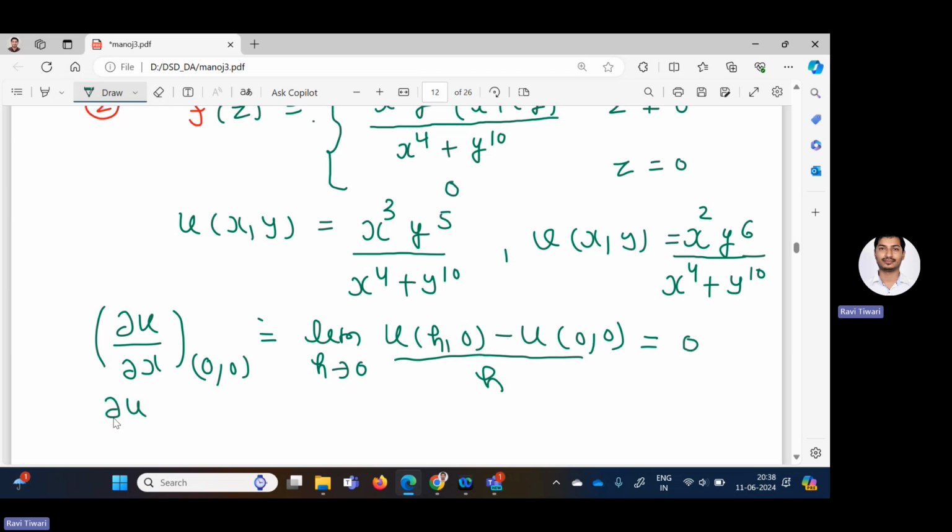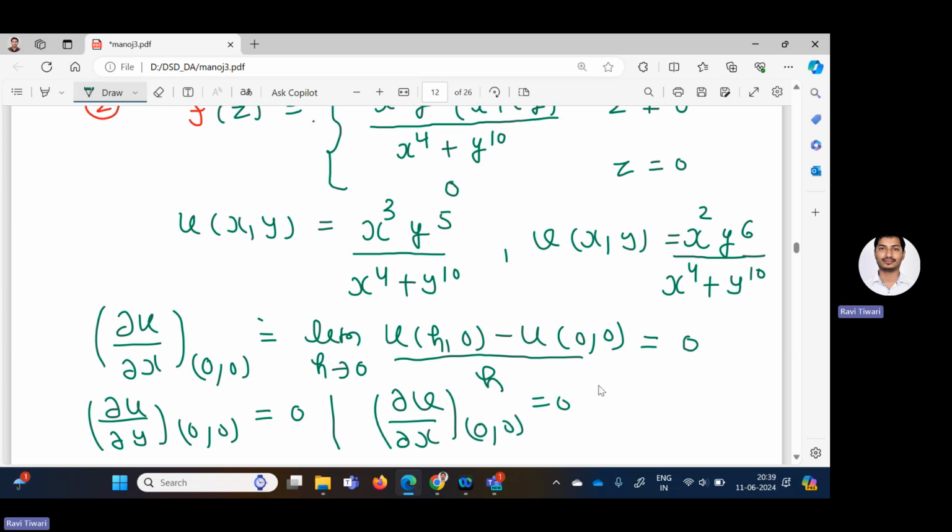Similarly, dou u by dou y at 0 comma 0, this also you will get 0. And dou v by dou x at 0 comma 0, this also you will get 0.